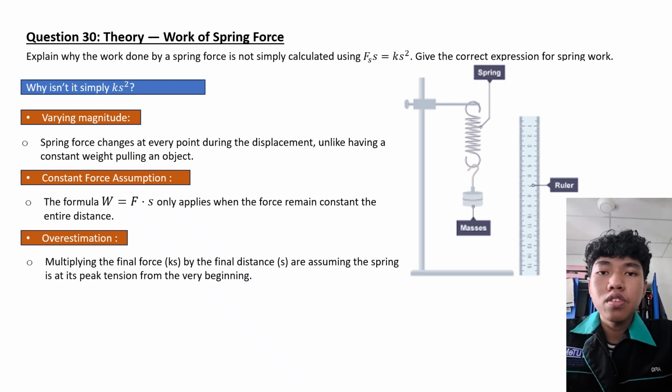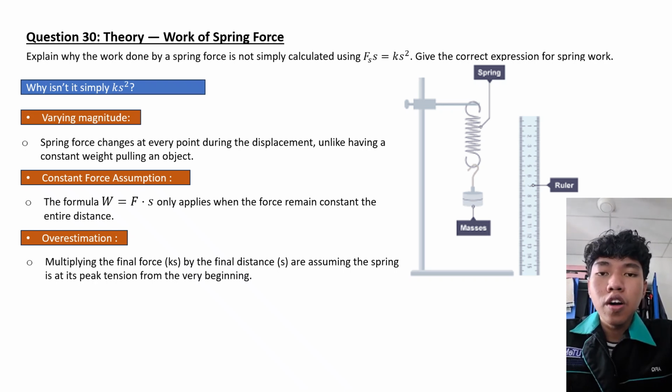The spring force changes at every point during its displacement, which is different from having a constant weight pulling an object. Second, constant force assumption. The standard formula W equals Fs only applies when a force remains constant over the entire distance.